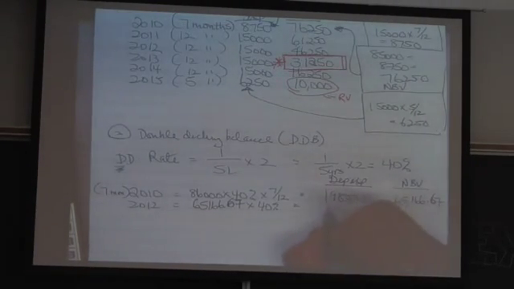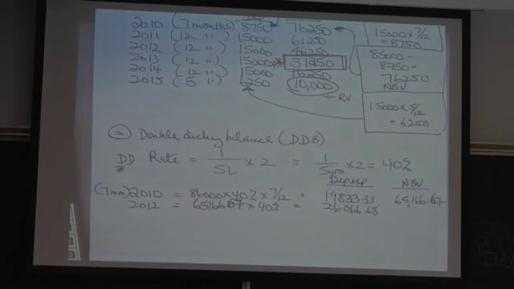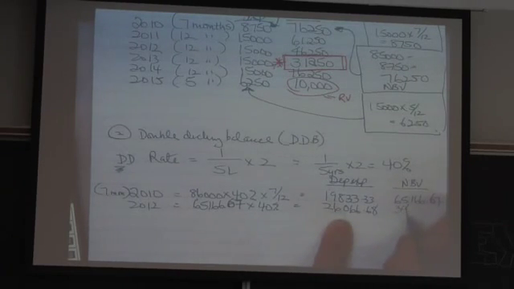This should be 26,066.68. That should be the depreciation expense. And the net book value is 39,100.